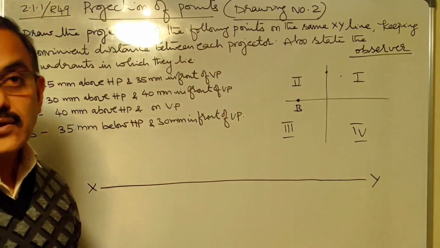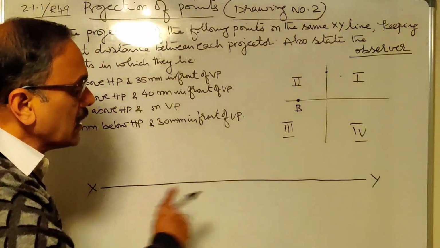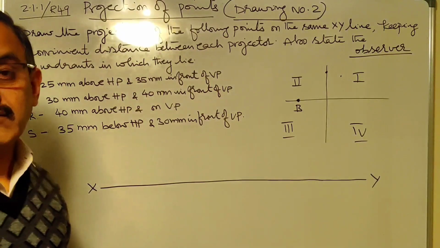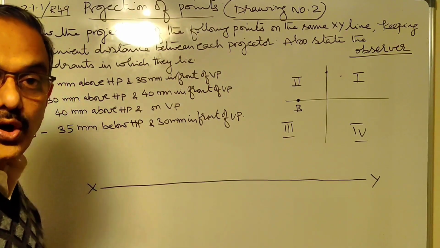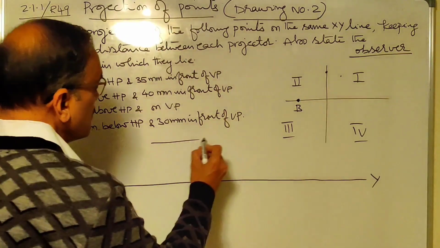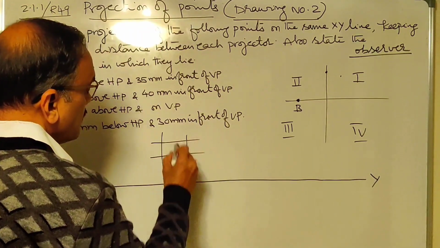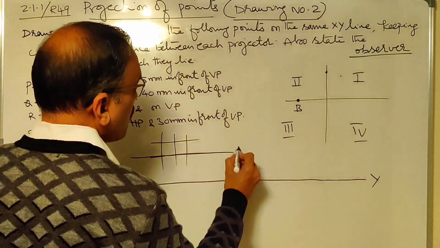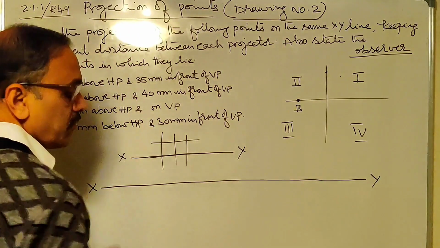So when you draw this line, you can draw it coinciding with one of the lines existing on the graph sheet. I don't want you to draw in between 2 lines. Suppose this is a graph sheet, you have vertical lines and horizontal lines. You can draw your XY line coinciding with the line that is available there.